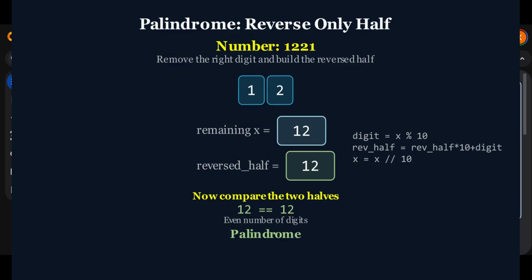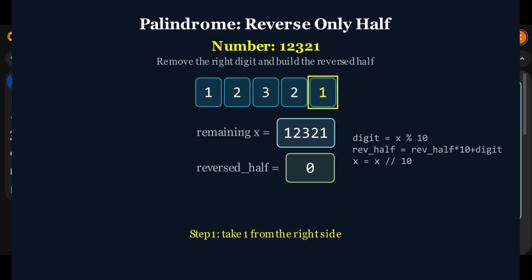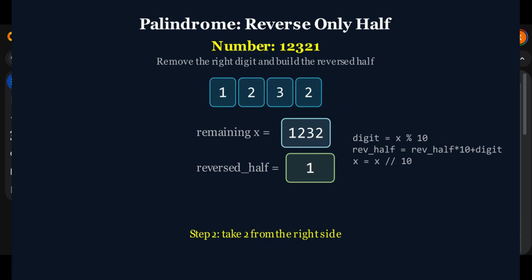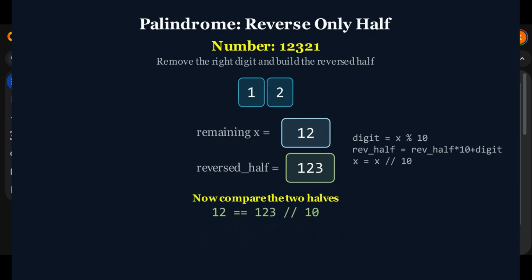But there is another possibility. If the number has an odd number of digits, then reverse half will have one extra digit in the middle. We do not need that middle digit. So in that case, we compare x with reverse half divided by 10. If they are equal, then it is still a palindrome. That works for odd length numbers too.